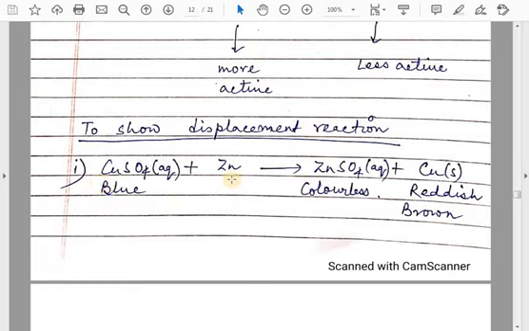A few pieces of zinc is put in it and stirred with a glass rod. Blue color solution will generally fade, gives us a colorless solution of zinc sulfate, and at the same time reddish brown particle of copper settle down in the beaker.